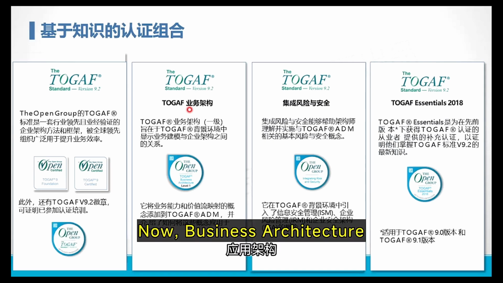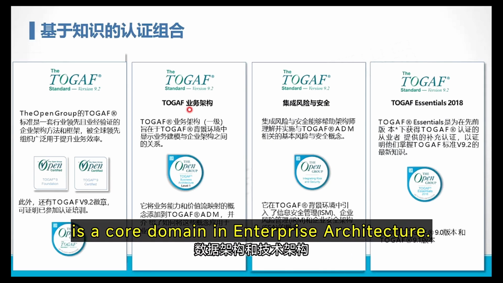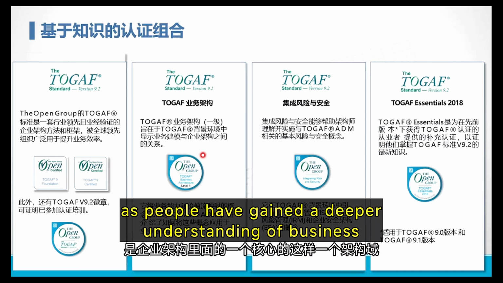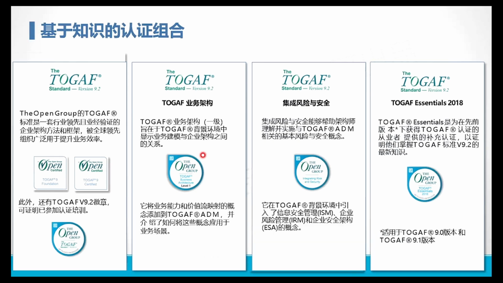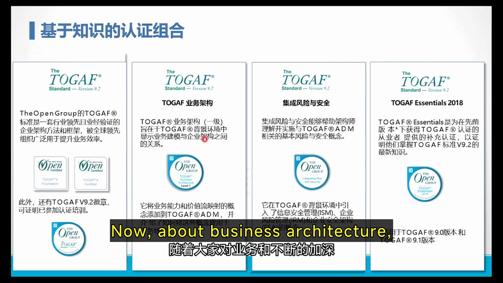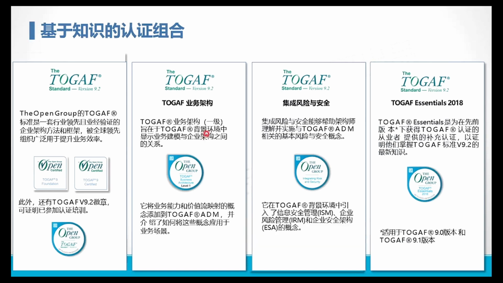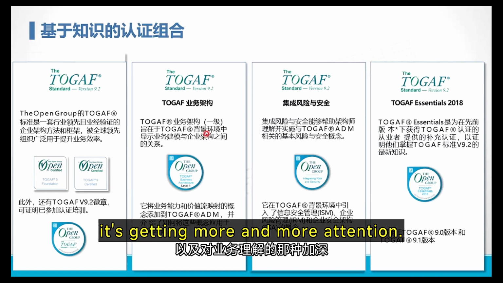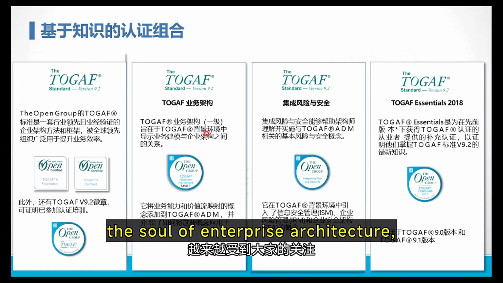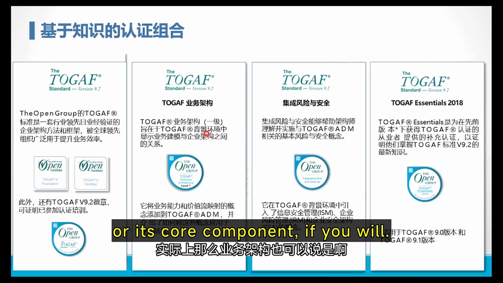Business architecture is a core domain in enterprise architecture. Over the past year or so, as people have gained a deeper understanding of business and its intricacies, business architecture is getting more and more attention. In fact, you could say that business architecture is the soul of enterprise architecture, or its core component, if you will.